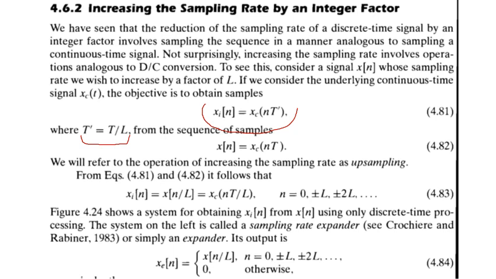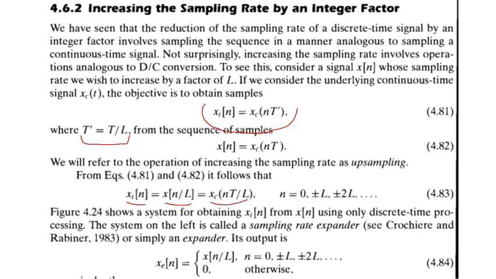So x interpolated is equal to x n by L, which is equal to xc at t divided by L. So this is the interpolated signal. Now we have expanded this signal and now we are performing the sampling. So first we have to interpolate, then we will do sampling.